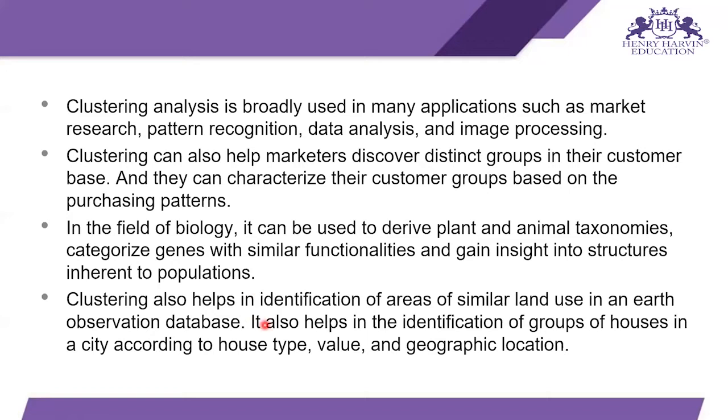Clustering also helps in identification of areas of similar land use in an earth observation database. It also helps in the identification of groups of houses in a city according to the house type, value, and geographical location. So also in the identification of groups of houses, like which groups of houses look similar and which groups do not look similar, clustering is very helpful.